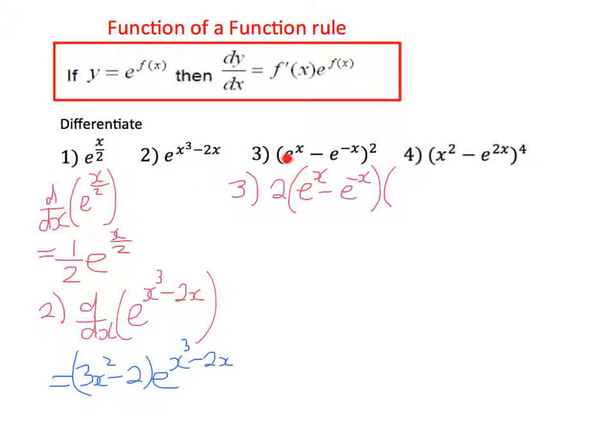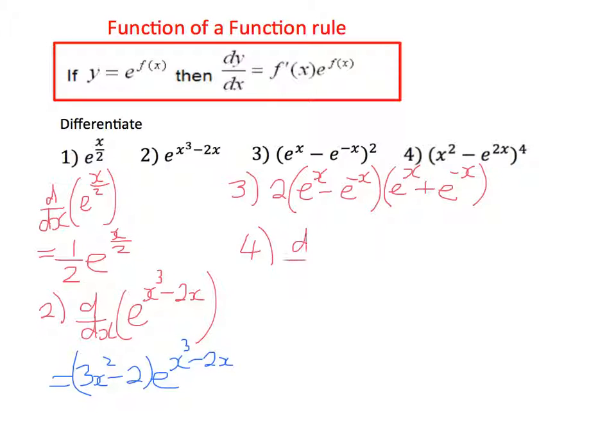So the derivative of e to the x is e to the x, and the derivative of minus e to the negative x, or the derivative of that power there, is negative 1, times that out the front becomes positive 1, and then you keep the exponential function the same. So that then becomes our derivative. I didn't put the correct notation in front of that one though.